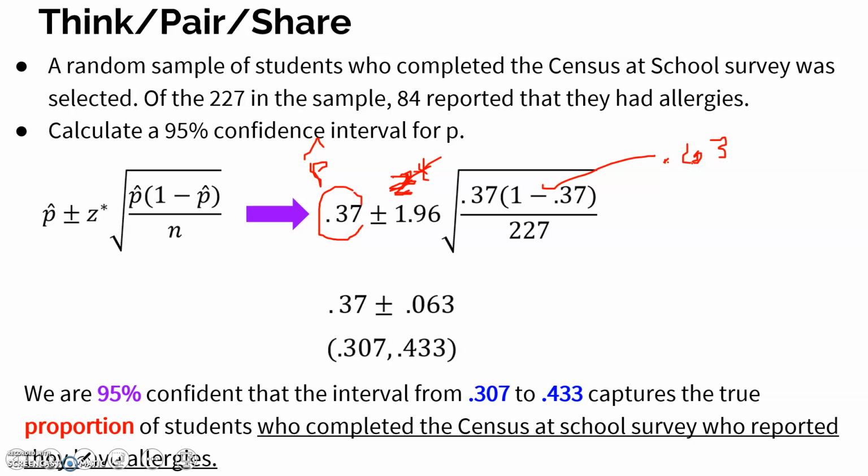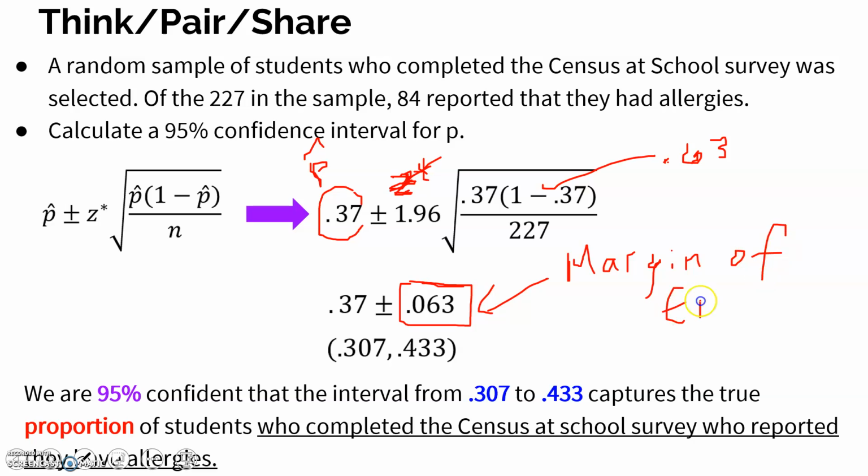So 0.37 times 0.63 divided by 227 is going to be some number that we're going to take the square root of, and you multiply that by 1.96, and if all goes well, you should get 0.063. Remember, this entire quantity here is the margin of error.